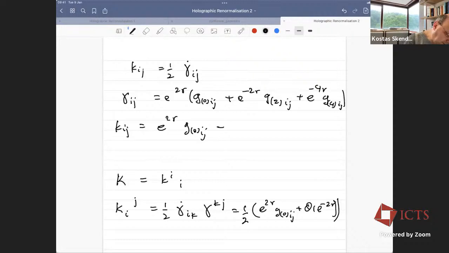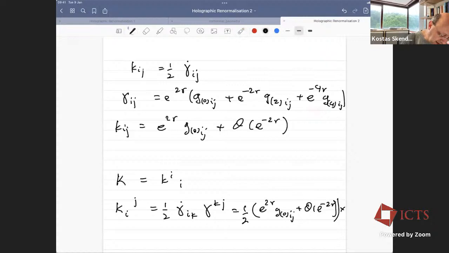Then we have plus terms of order e to the minus 2r, because when I take the derivative it would kill this term, because I have e to the 2r, e to the minus 2r, and it's this term which would survive.